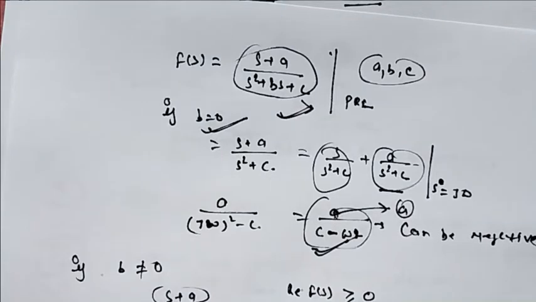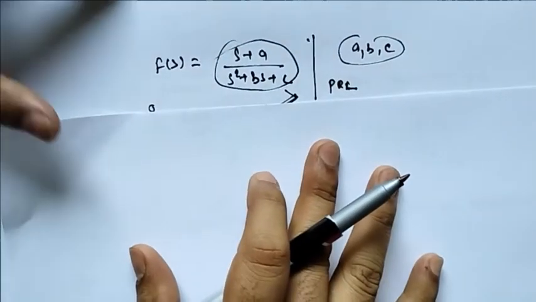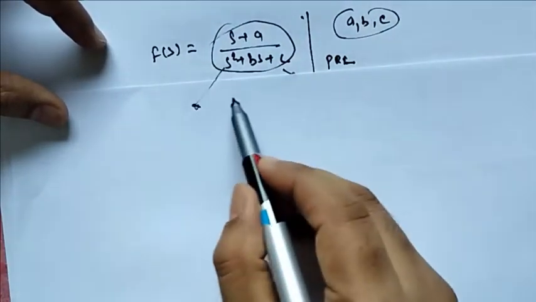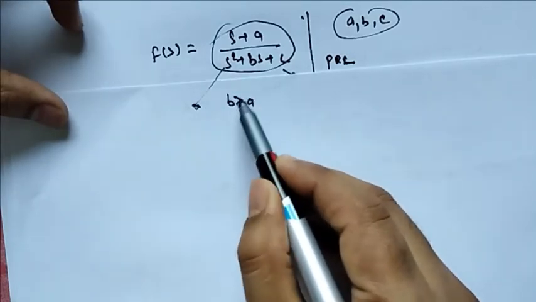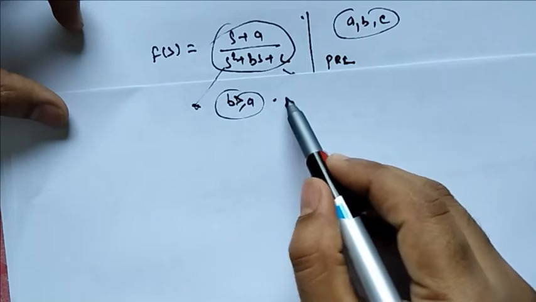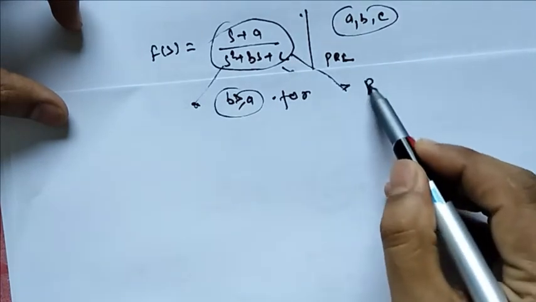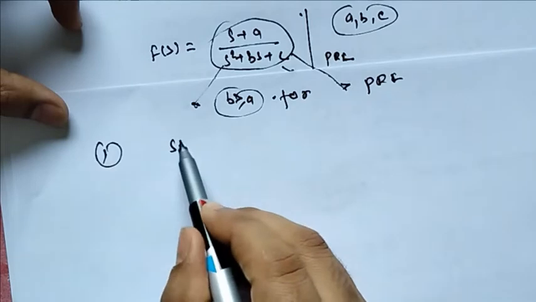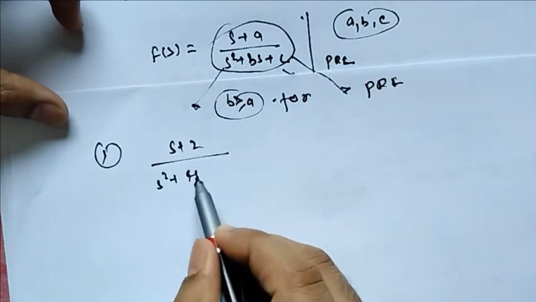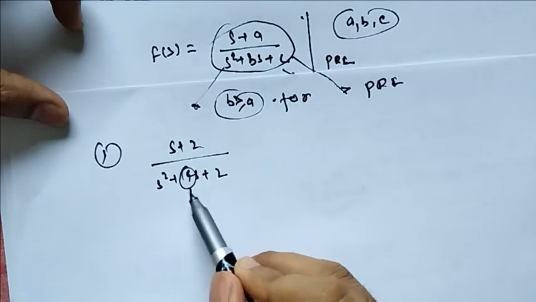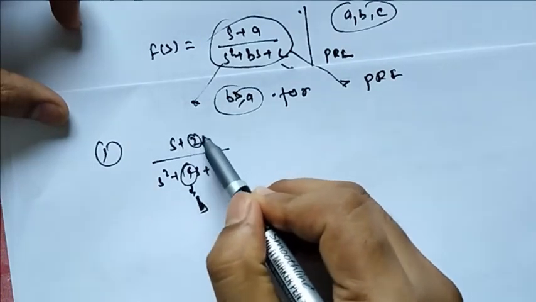Now I am taking another problem, and we will be checking if that function is PRF or not. For an equation of this kind, we came to know that b must be greater than or equal to a for this function to be PRF. Now example 1: s plus 2 over s square plus 4s plus 2. Here this is b and this is a.